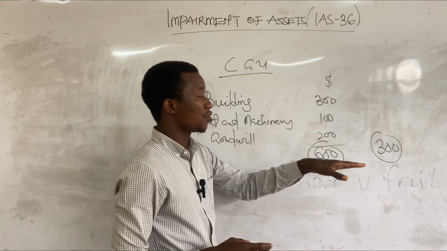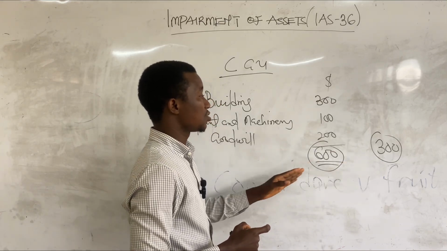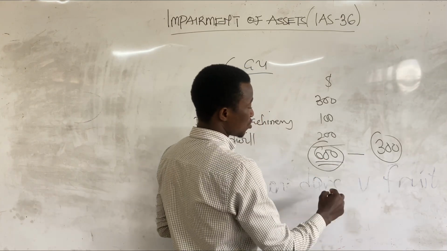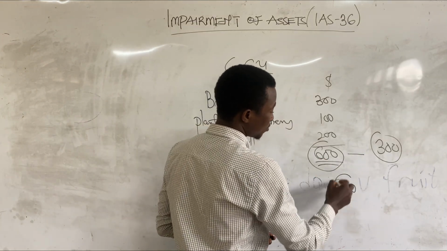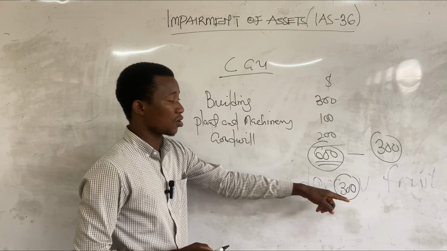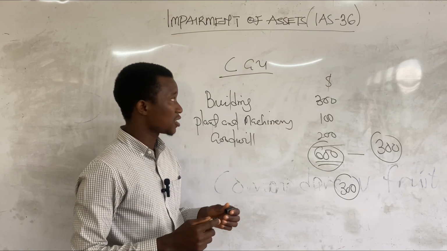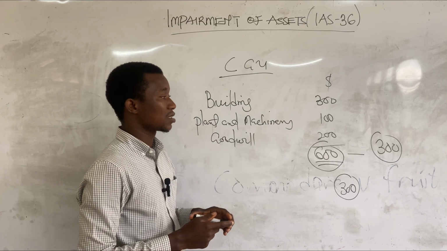How are we going to allocate this $300 to this cash generating unit? We can just subtract it from the total and arrive at a net carrying amount of $300. But that is not the case under IAS 36.